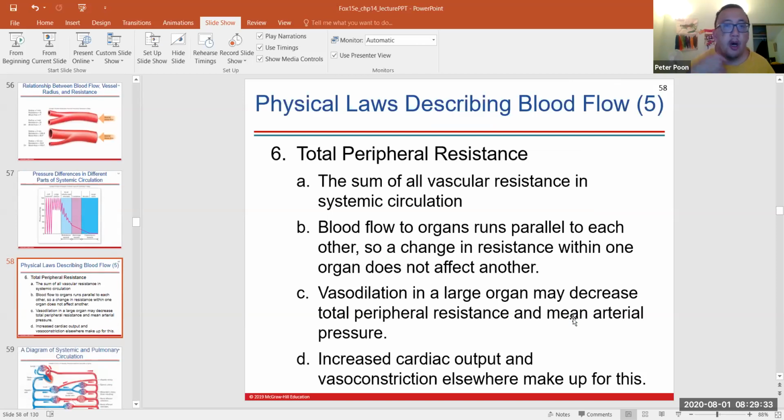All right, so next term is something called TPR, total peripheral resistance. The total peripheral resistance is the sum of all the vascular resistance in systemic circulation.